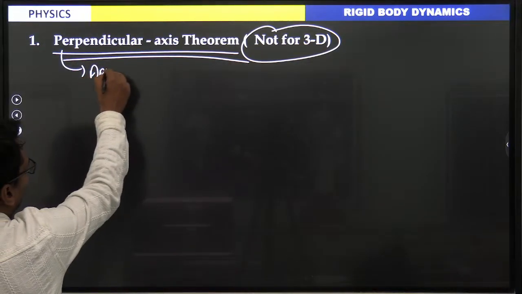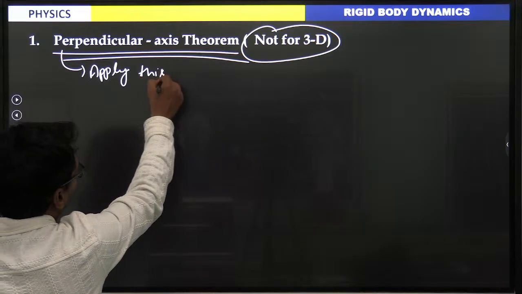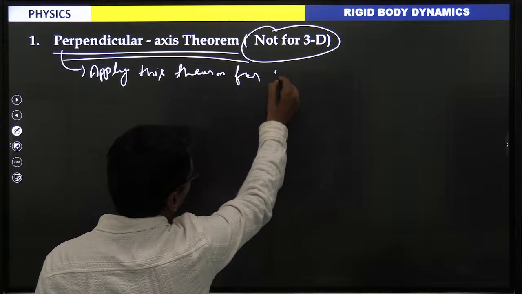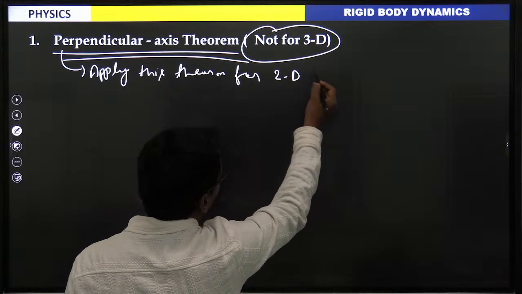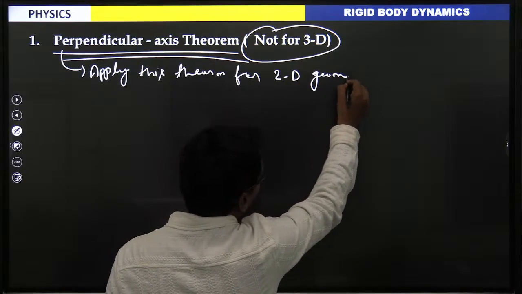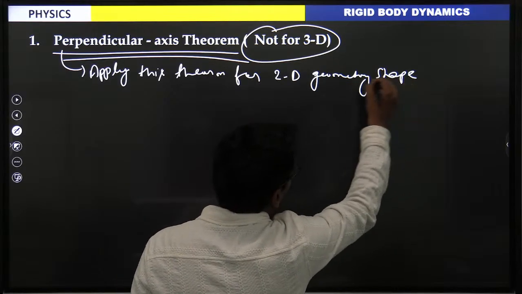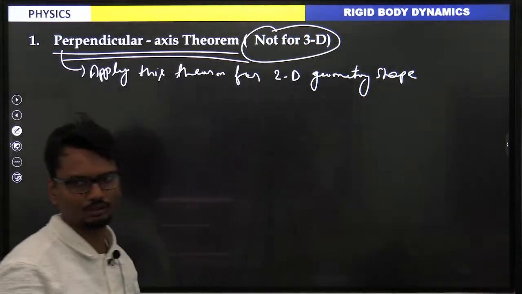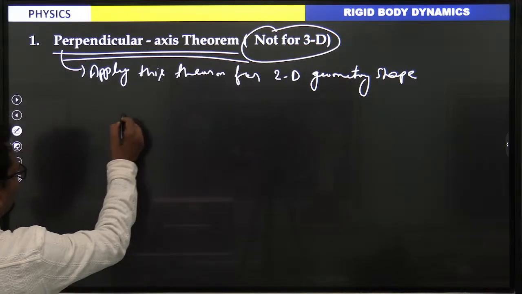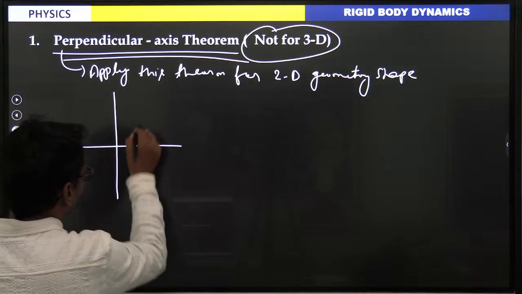We apply this theorem for 2D geometric shapes. I think this is clear to all of you. Let us understand, this is the axis.